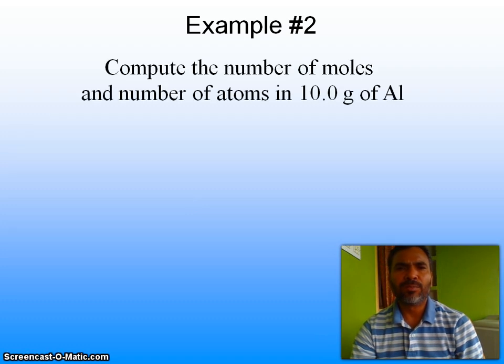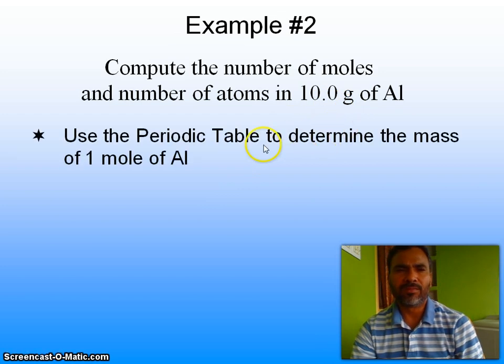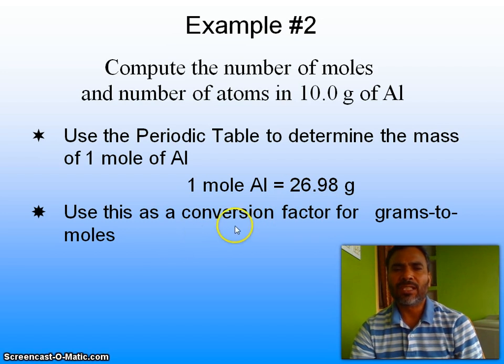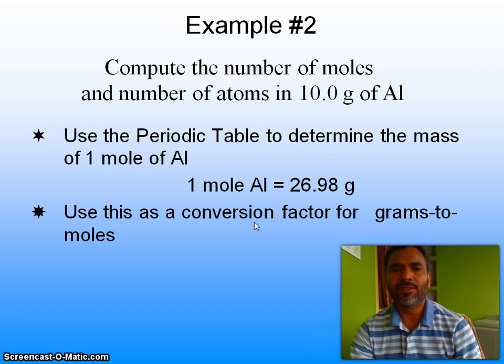Now compute the number of moles and number of atoms in 10 grams of aluminum. Use the periodic table to determine the mass of 1 mole of aluminum. 1 mole of aluminum is equal to 26.98 grams. Use this as a conversion factor, as I already discussed in a previous video, for grams to moles.